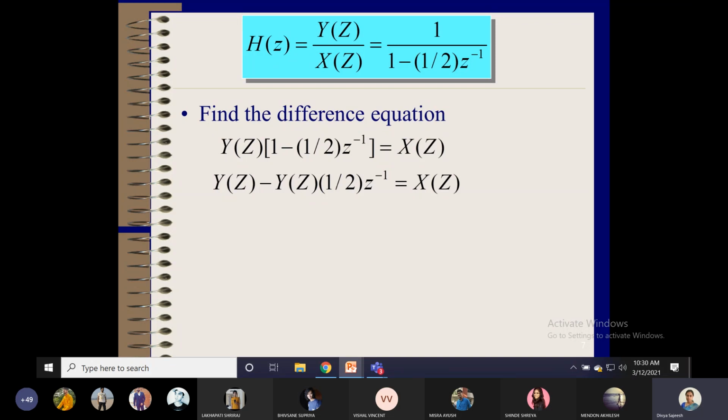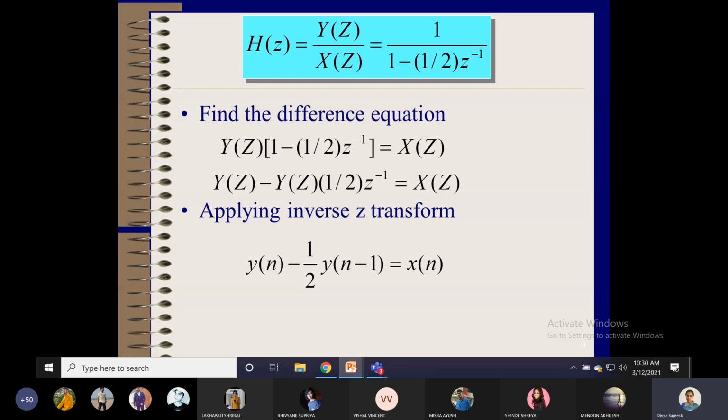So the inverse z transform of Y of z is y of n, minus half z inverse Y of z, that is a shifted signal, so y of n minus 1, which is equal to the inverse z transform of X of z, which is x of n. So this is the difference equation which I can derive from the given transfer function.